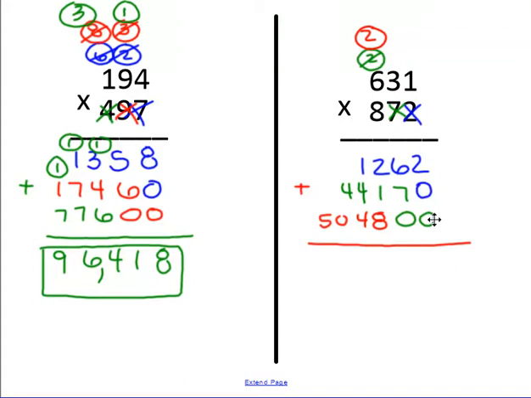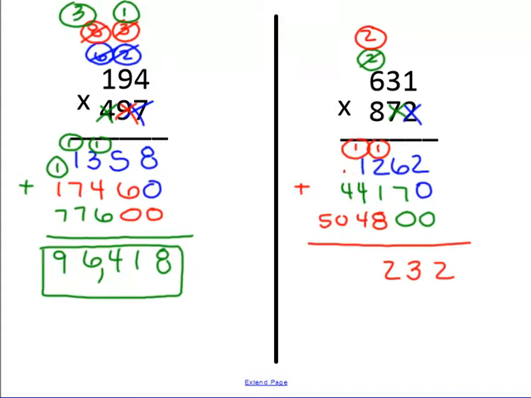2 plus 0 is 2. 6 plus 7 is 13, plus 0 is 13, so 3, carry the 1. 2 plus 1 is 3. 3 plus 8 is 11, plus 1 is 12. So we have another 1 to carry. Put the 2 down here. 1 plus 4 is 5. 5 plus 4 is 9.